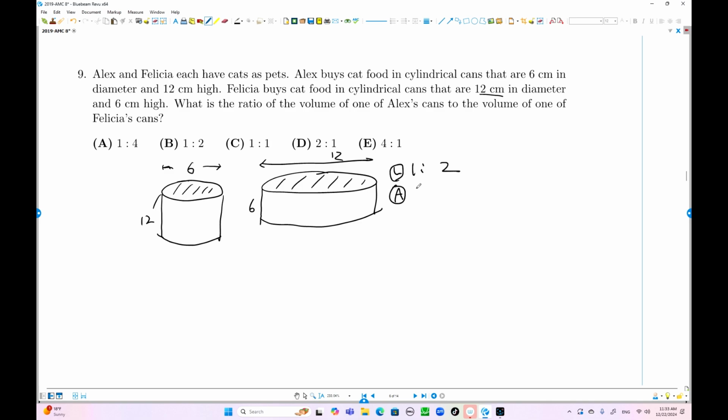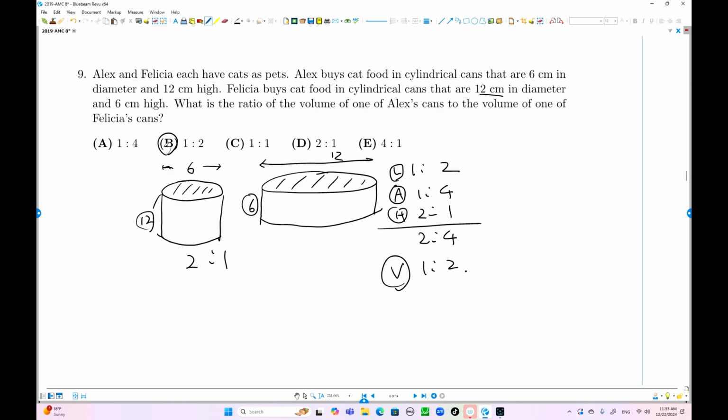What is the ratio of the area? 1 squared, 2 squared, 1 to 4, right? But this is also 12 and 6, 2 to 1. Height is 2 to 1. When you multiply these ratio numbers, that's going to be the ratio of volume, right? So 1 times 2 is 2 to the 4, which is 1 to 2, right? The ratio of the volume is still 1 to 2.